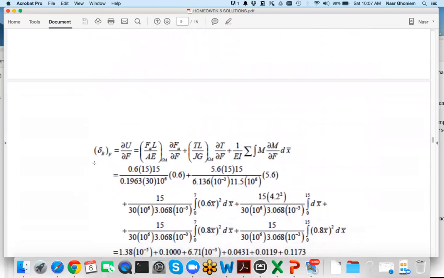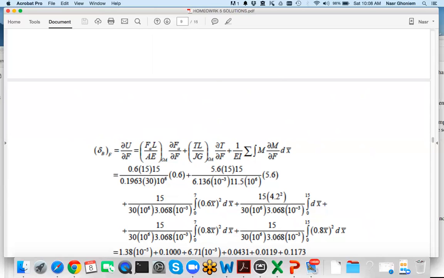So the delta is the rate of change of the energy with respect to the force, and we have one component due to the axial force. What we notice is that for the axial force, we don't have to do integration because it's a constant. dFA by dF is a constant, so there's no integration, and we multiply by the length.